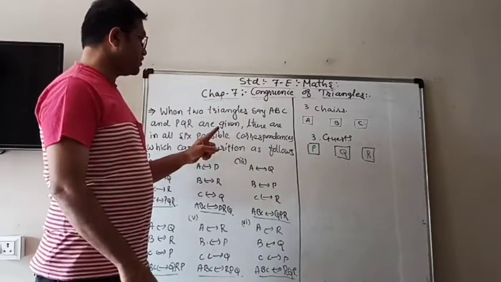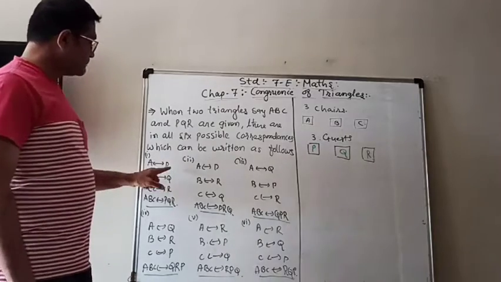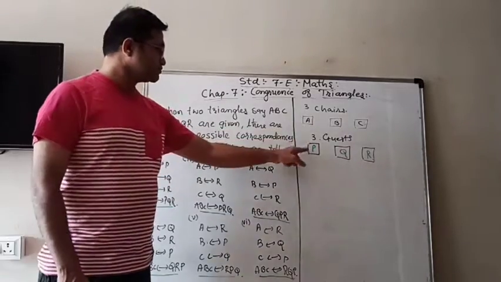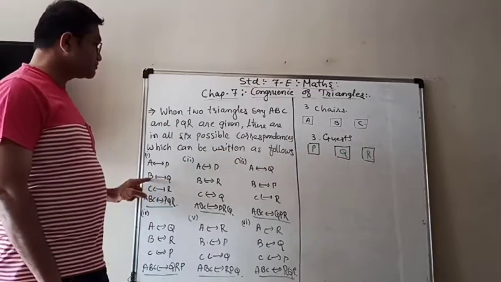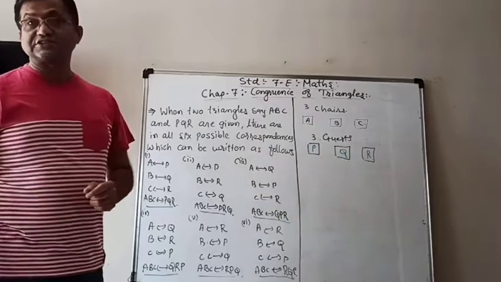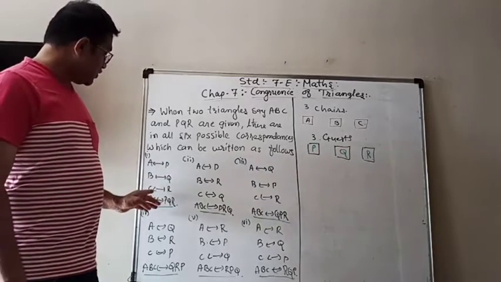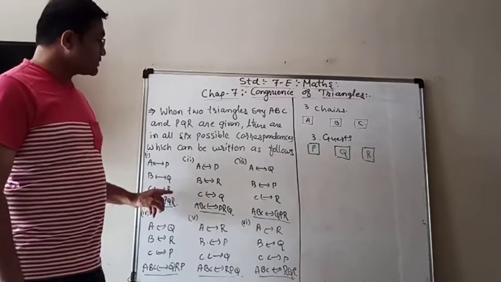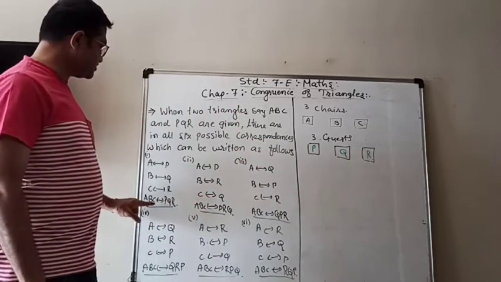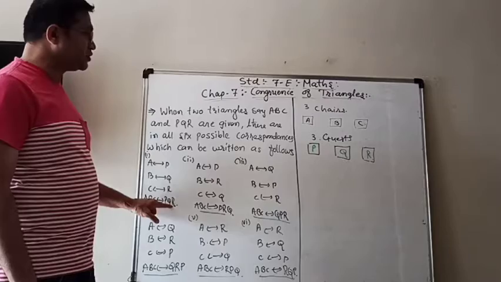First is that on chair A, guest P can sit. On chair B, guest Q can sit. And on chair C, person R can sit. And that correspondence is written as ABC corresponds to PQR.